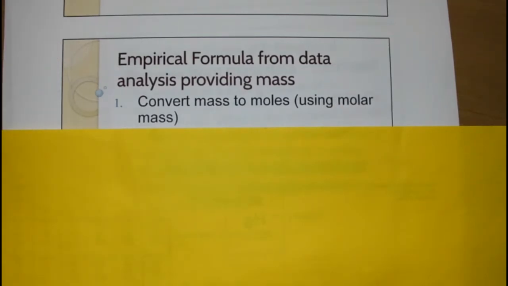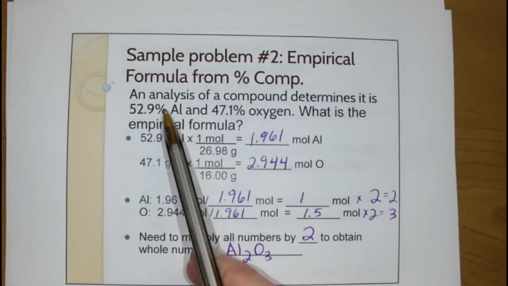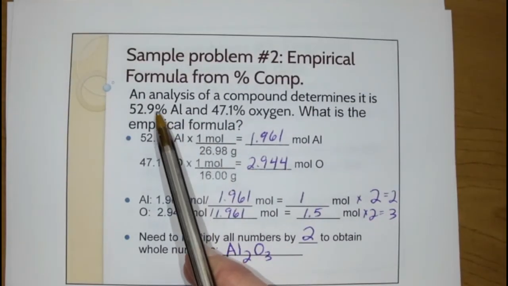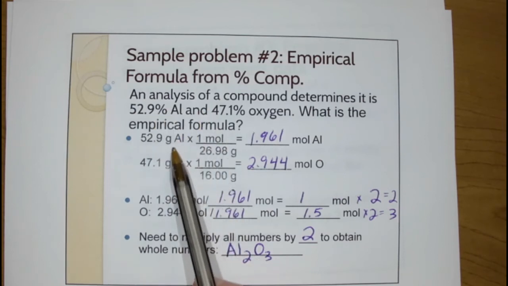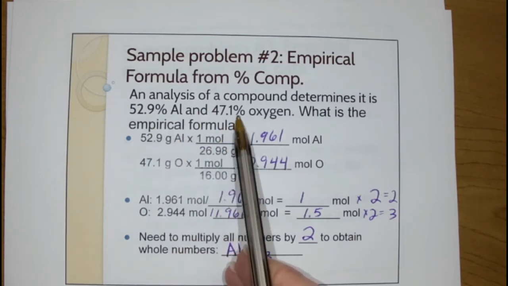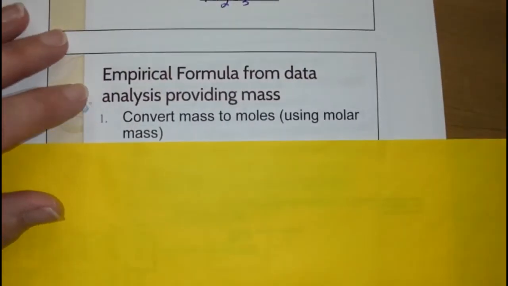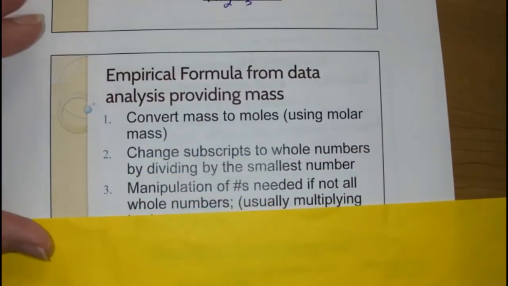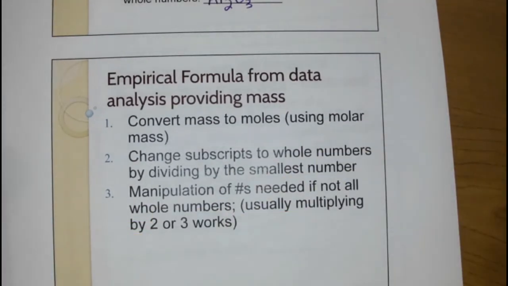We don't have to assume 100 grams like up here, where it was given in percent. There we assumed we have 100 grams, which would be 52.9 grams of aluminum and 47.1 grams of oxygen. That's why we put those there. But on these, they're going to give us the mass. So we change it to moles, same thing, divide by the lowest number to get the ratio, and then manipulate the numbers if you need to.